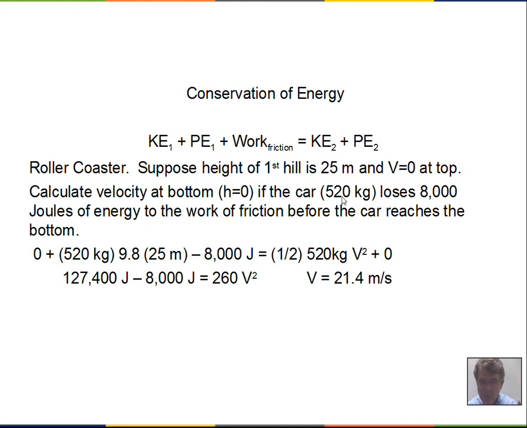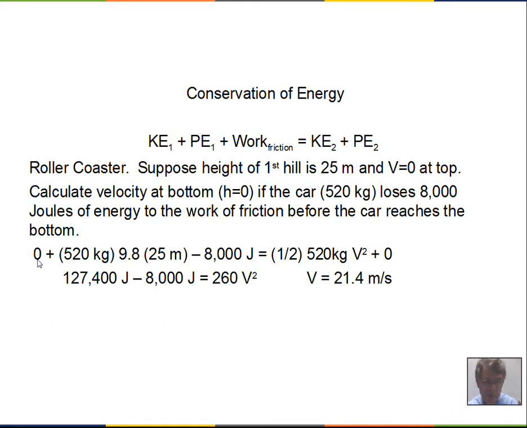We have a certain mass for the car and the riders, and we're going to claim that the system loses 8,000 joules of energy to friction, the work of friction. I'm just guessing at a number there, that 8,000 joules of energy lost to friction. Well, conservation of energy: we have 1/2 mv squared, 0 kinetic energy at the start.